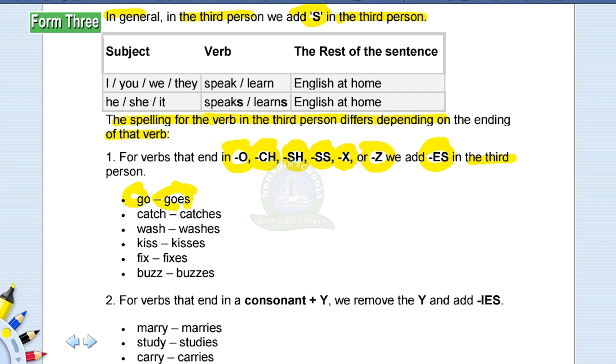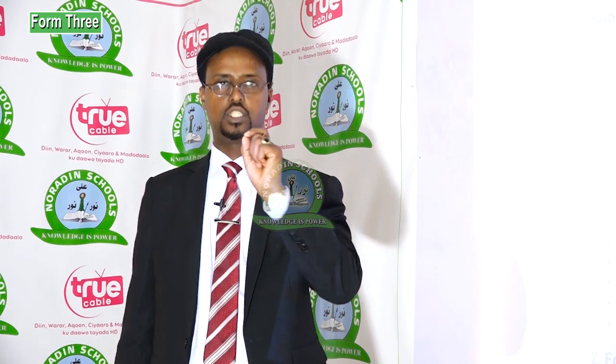I can't say, for example, she go to the hospital. It's incorrect. I must say she goes to the hospital. In simple present tense, we add s, es, or ies to the verb. So this must be a very good example. Catch, catches. You never say he catch a dog. You have to say he catches a dog.